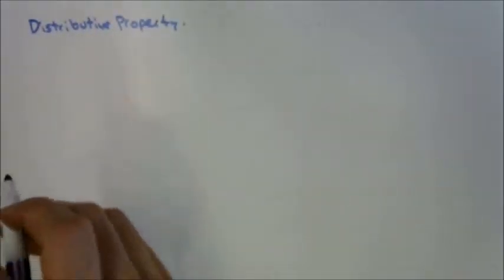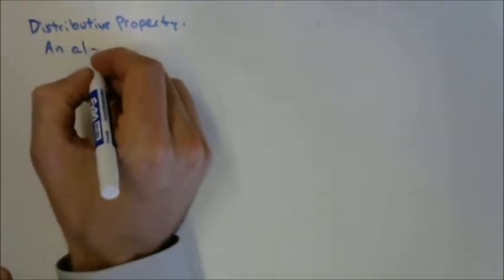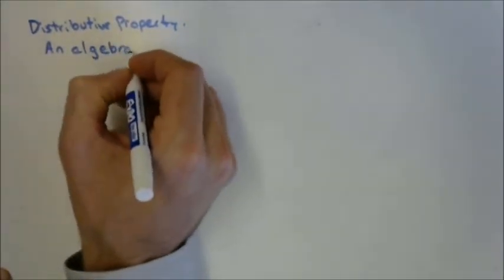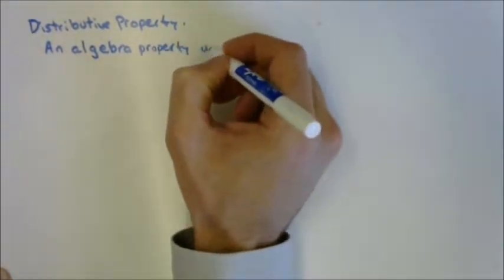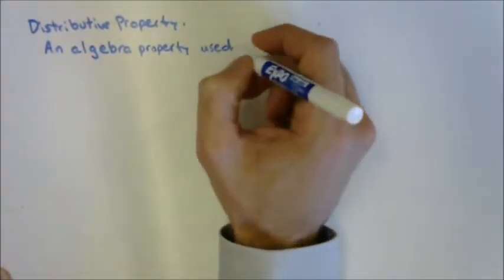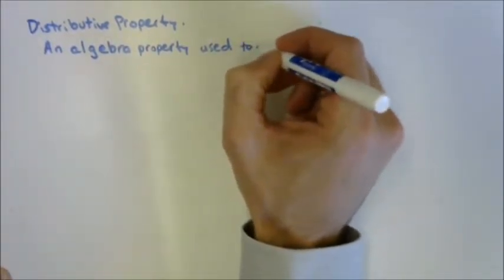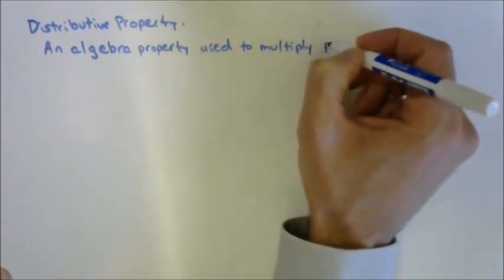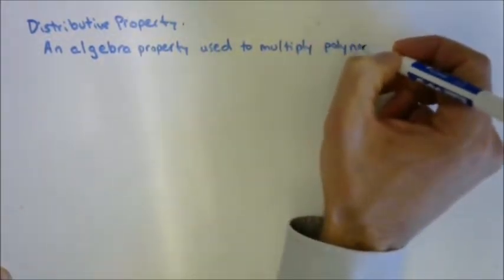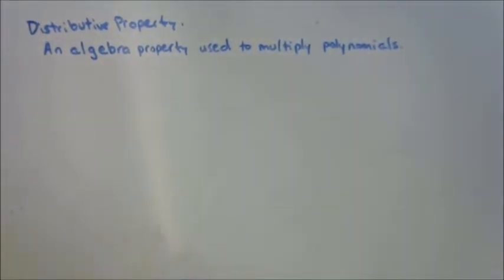Okay, the distributive property is an algebra property used to multiply polynomials.